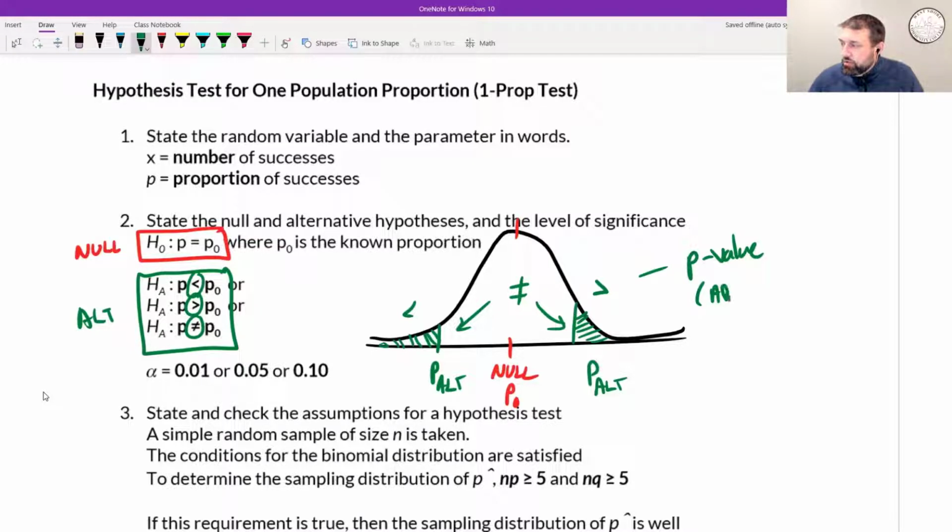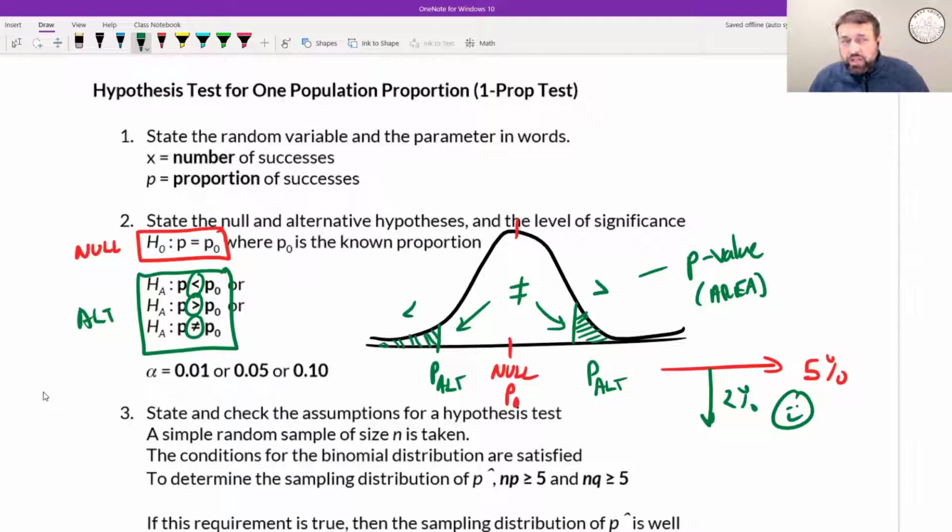Remember, your P value is an area, and you are going to compare that to a threshold, maybe let's say 5%. So if that area comes in below 5%, let's say 2% for the sake of argument, that's good for us. That means we get to reject the null hypothesis. We push the king off the mountain, and our alternative hypothesis takes its place.